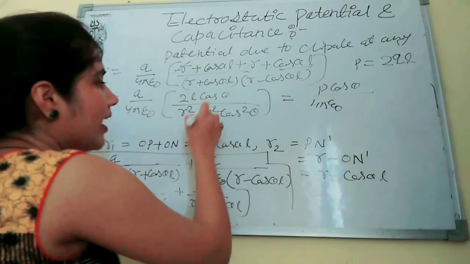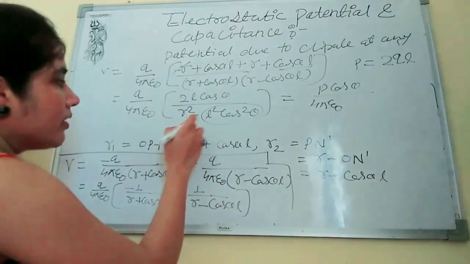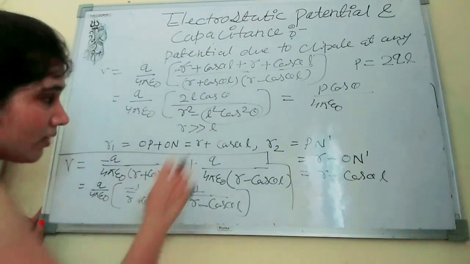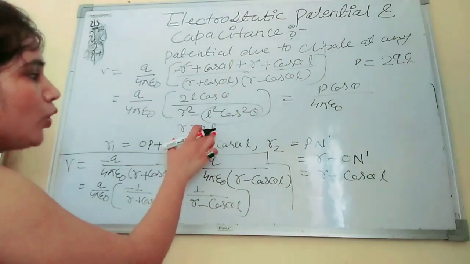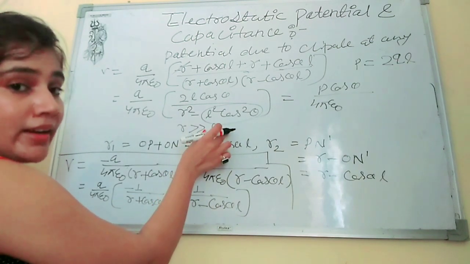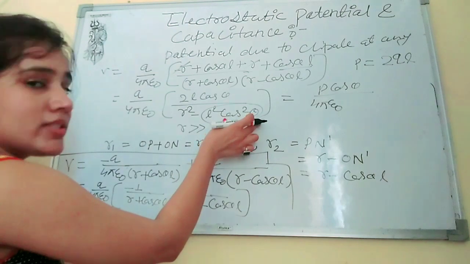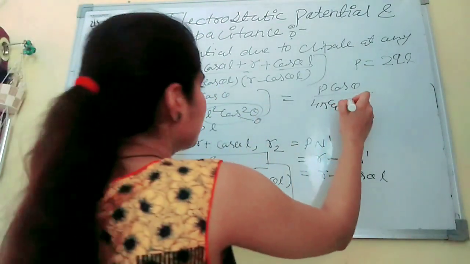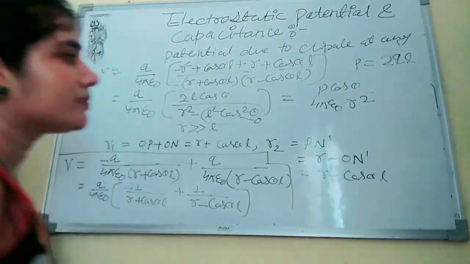Now we are taking that L is very, very small compared to R. So if L is very small, L will get neglected, L will be 0, so then this whole term will become 0 and we will get R square.